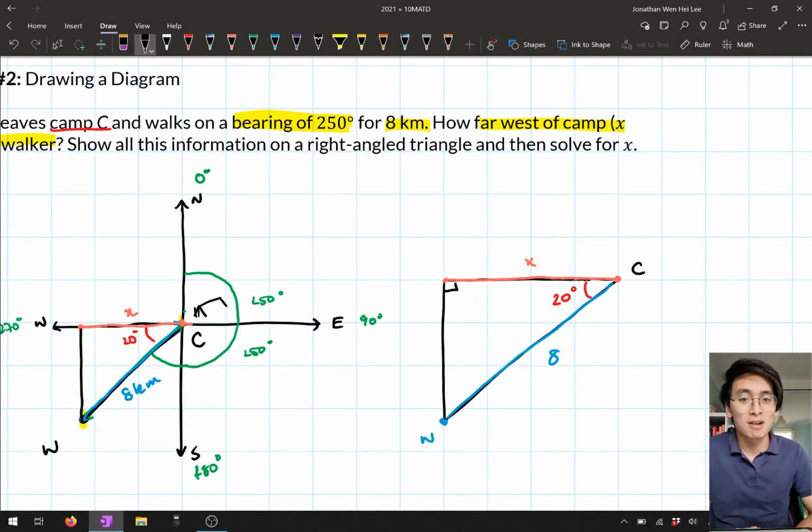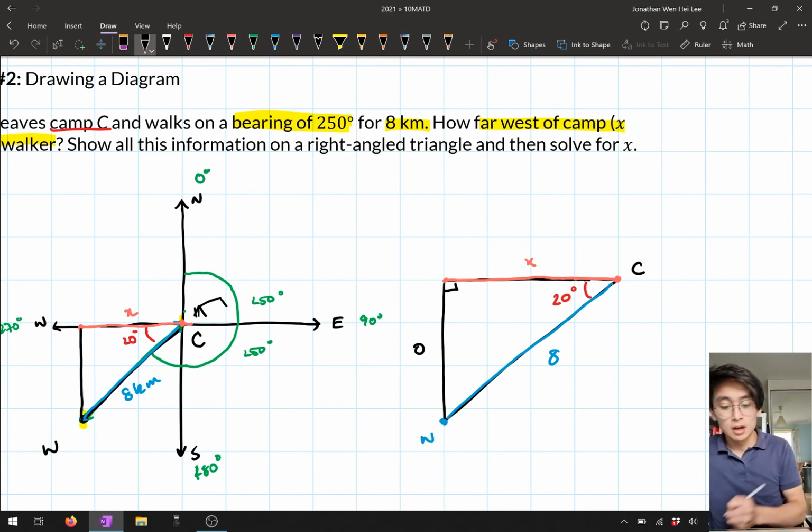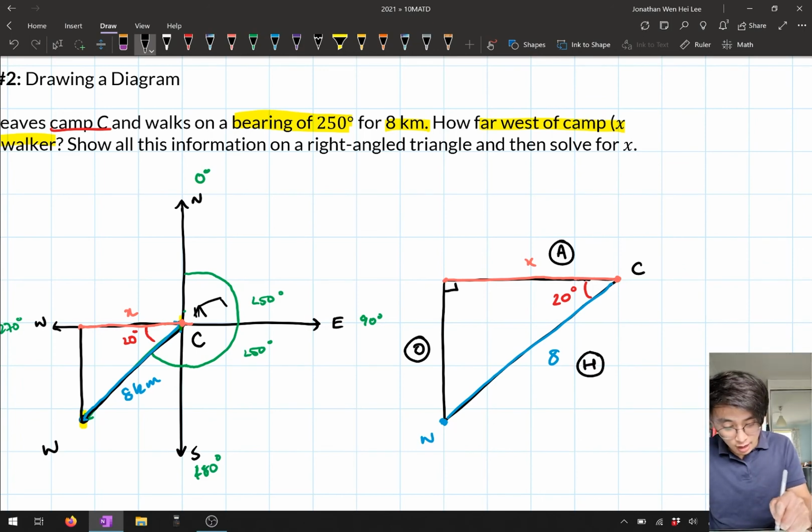What we do with our right-angled triangle is firstly label our 3 sides. I have this angle of 20 degrees here, that's the angle I'm going to be using. I've got my opposite side over here, O, my adjacent side, A, over here, and my hypotenuse, 8. Notice I've got values for the two sides A and H, so that's cos. I'm going to write my trig equation.